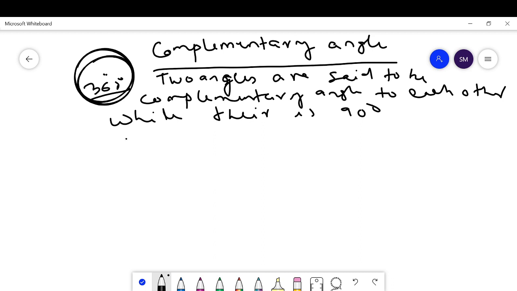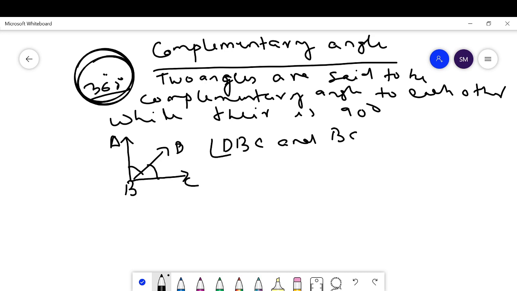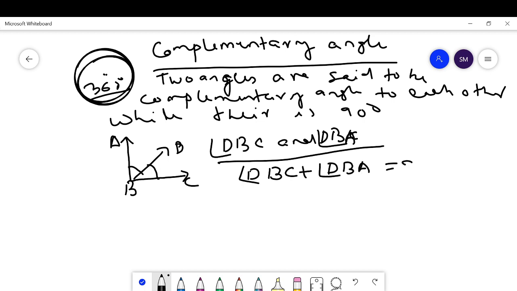This is called a complementary angle. Suppose A, B, C, D. Here the angle DBC and angle DBA are complementary to each other, whereas DBC plus DBA is equal to 90 degrees.